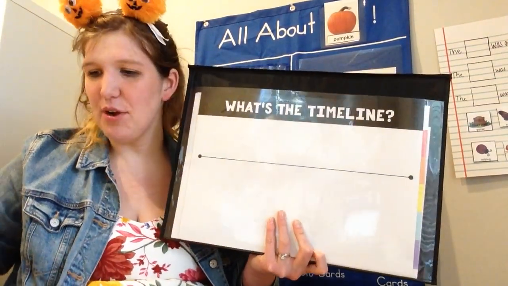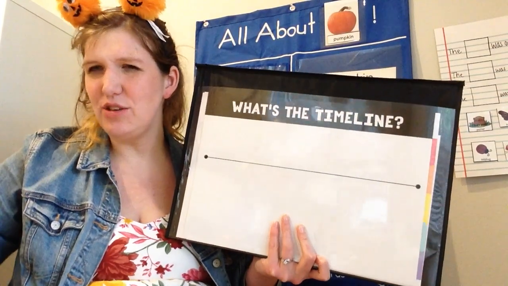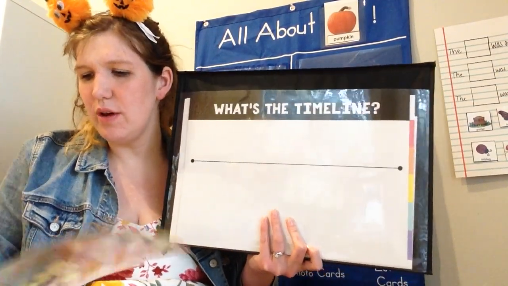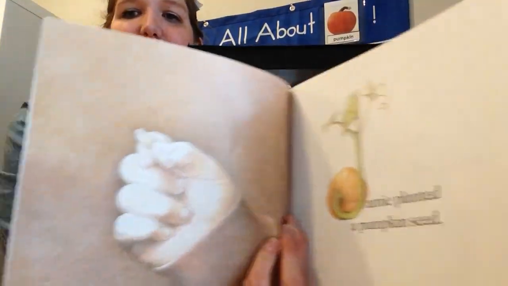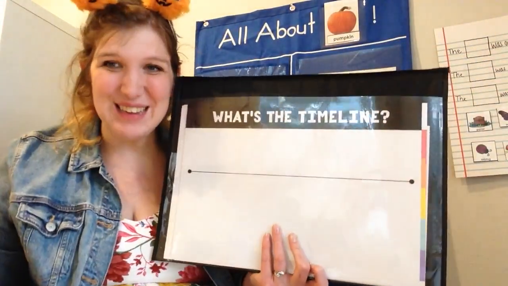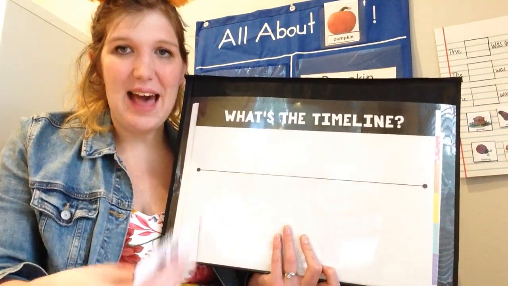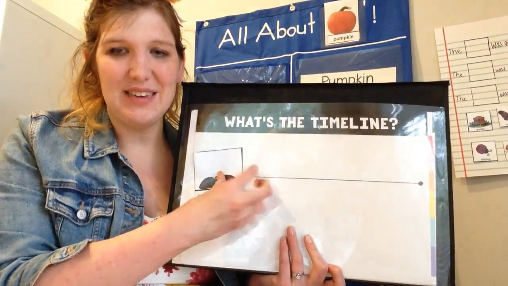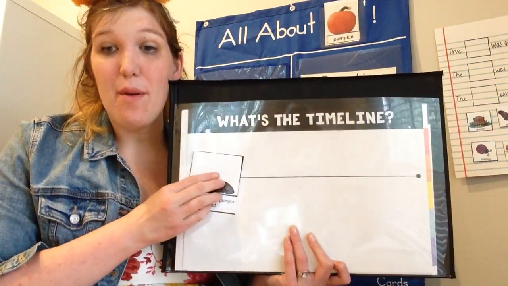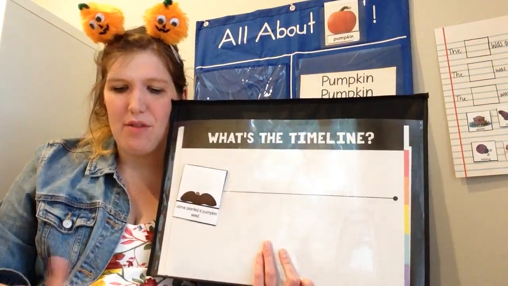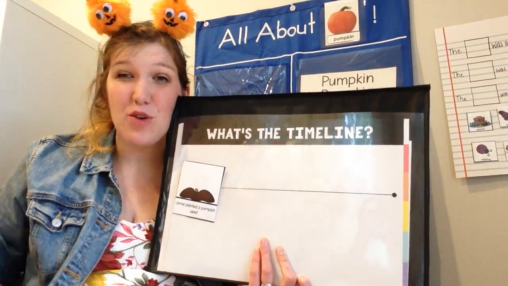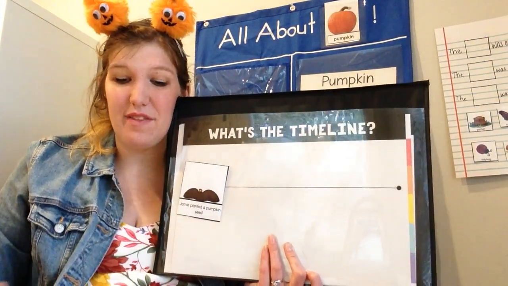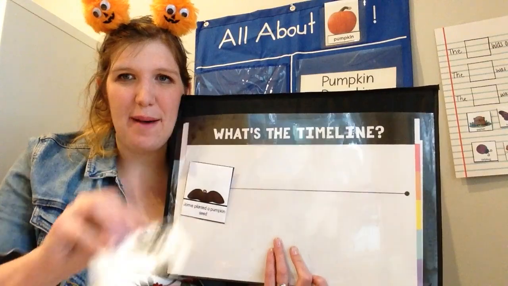Well, let me see. I'm going to grab the book and see, what did Jamie do first? It says Jamie planted a pumpkin seed. So that is at the beginning of our timeline. Then remember how we saw how the pumpkin seed grew a sprout, and then the plant grew a flower, and that flower grew a pumpkin.